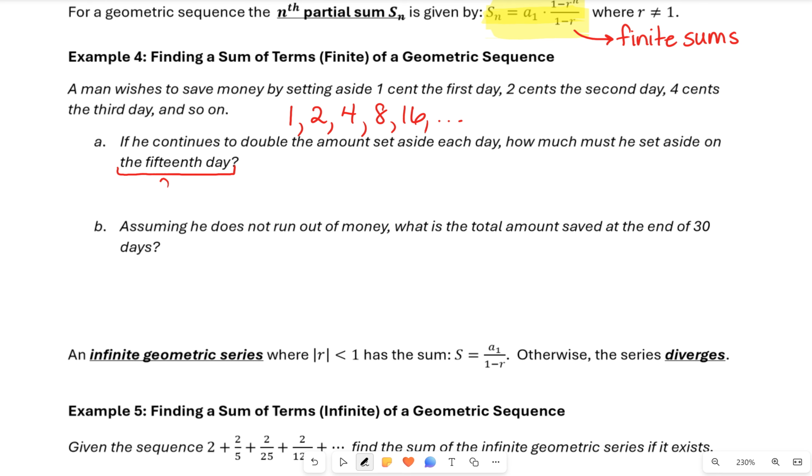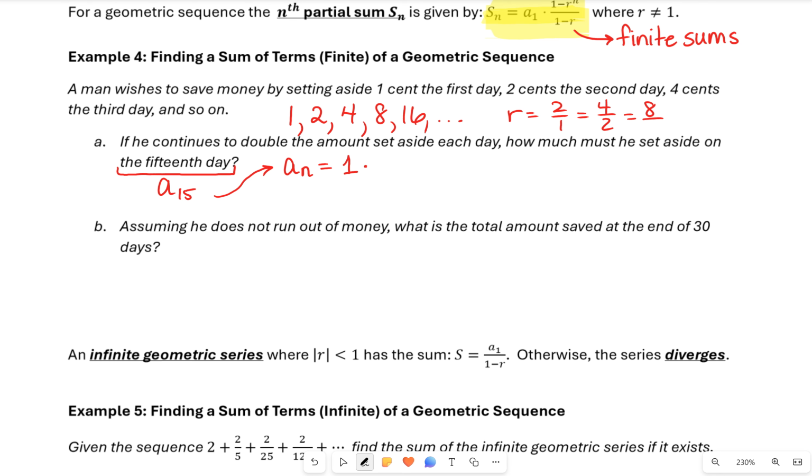So what is a sub 15? The question is asking, what number is in that 15th position? Okay? Again, when I'm asking you to find a term, go do the explicit formula. A sub n equals your first term, a1, which is a 1, times your r. Well, we can tell that the r is going to be consistently a 2 because 2 divided by 1 is 2, 4 divided by 2 is 2, 8 divided by 4 is 2.